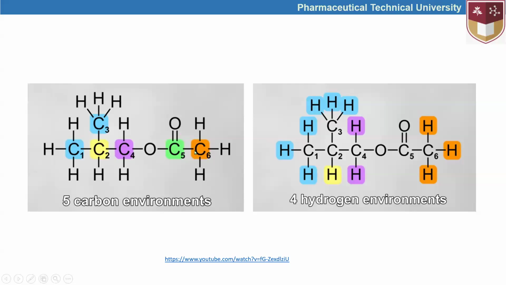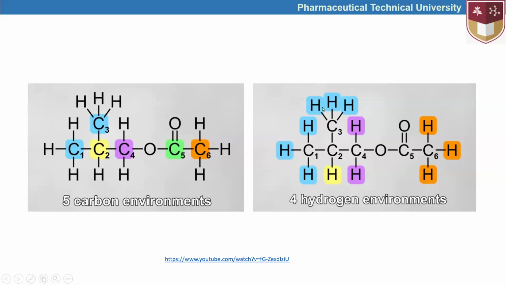And this one, even if it is a methyl group, is different from these methyl groups, because these are linked to a carbon which is linked to another carbon, while this methyl group is linked to the carbon that holds a carbonyl group. Okay, so this compound has 5 carbon environments.